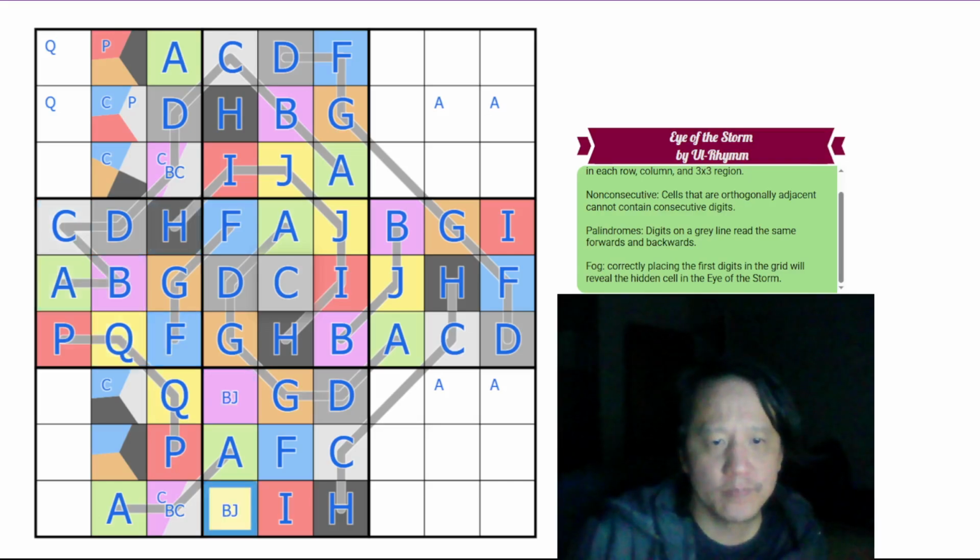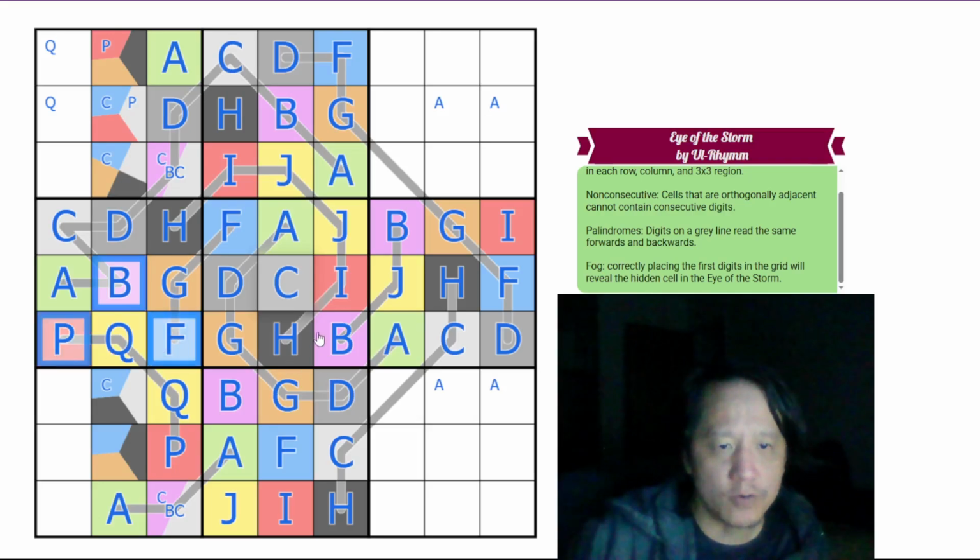Okay. What about yellow? Oh boy. Yellow is next to pink, red, or blue. It's next to dark. It's next to green. It's next to medium. What about orange or light?